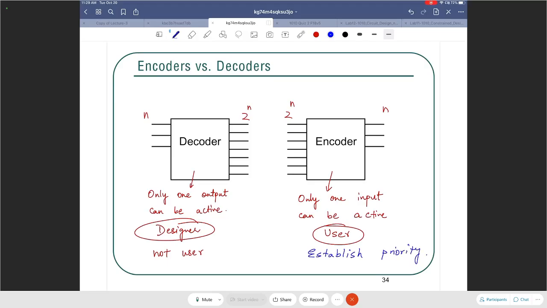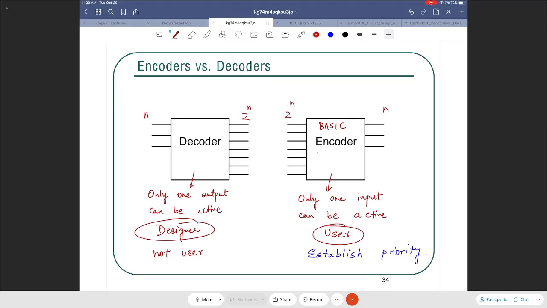If more than one input becomes active, then the encoder has to establish priority and say that I am going to prioritize this particular input and I'm going to ignore all the other inputs. Hence, we have encoders in two different types. One is a basic encoder, which puts a lot of pressure on the user to get things right.